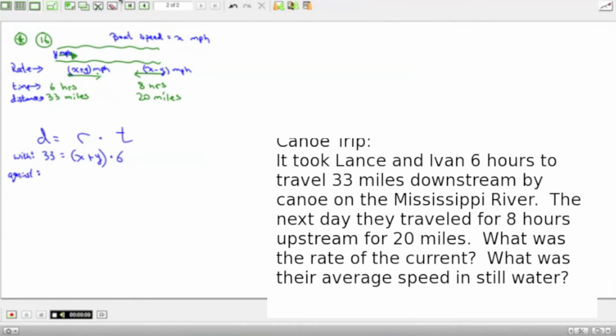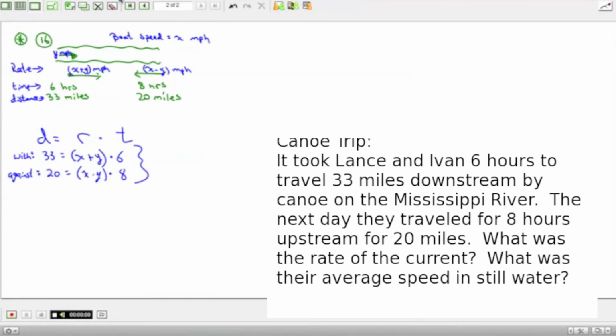Do I know how far I traveled? Yes. 20 miles. Do I know how fast I was going? X minus Y. And do I know how long it took? 8 hours. So here's your system of equations. What's wrong with it? You have to distribute.